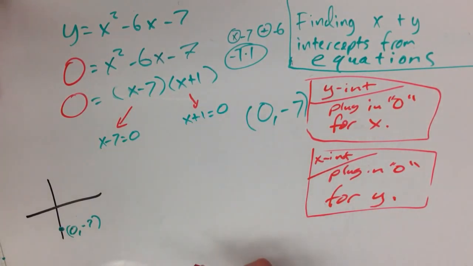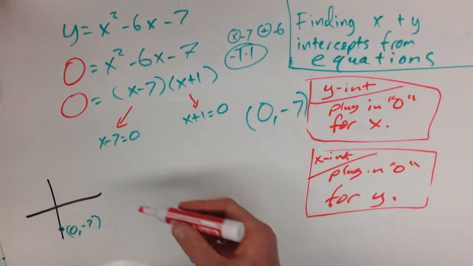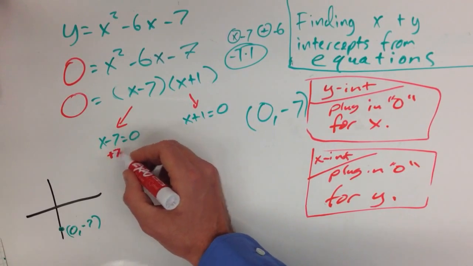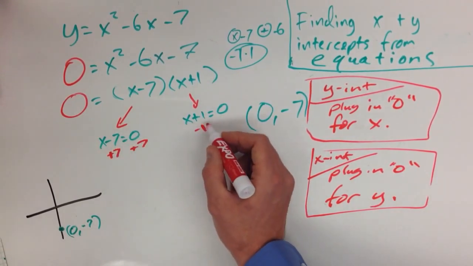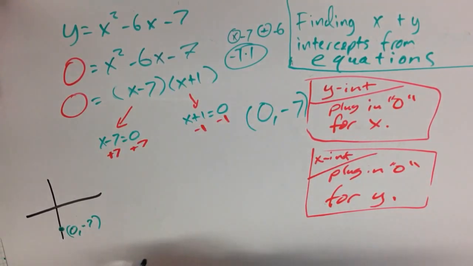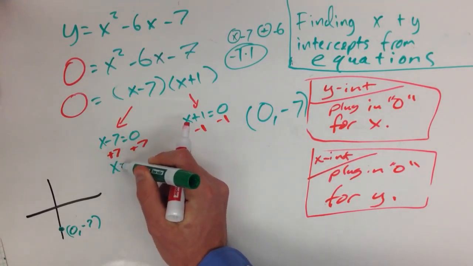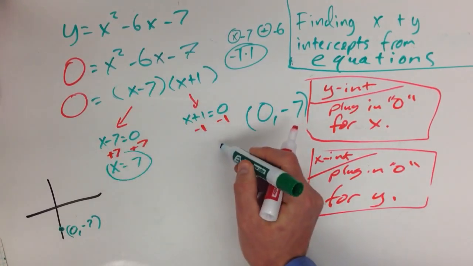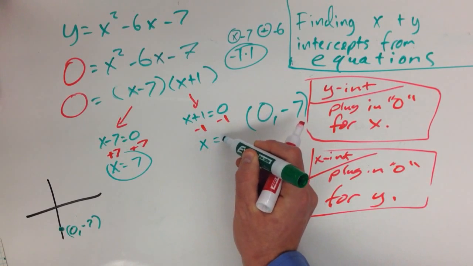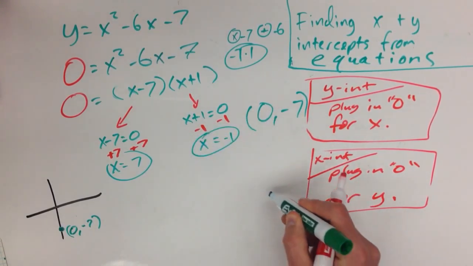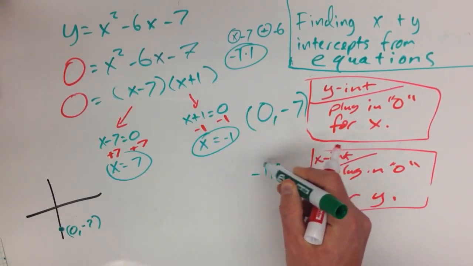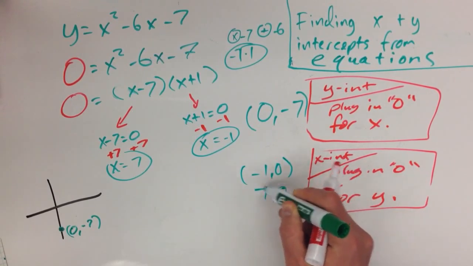So we're going to get two solutions, which kind of works out because usually there's two x-intercepts. So I'm going to add 7 to both sides, subtract 1 from both sides. I'm just solving these two equations at the same time. And we'll have one x-intercept at 7 and one x-intercept at negative 1. So my two x-intercepts are at (-1, 0) and at (7, 0).